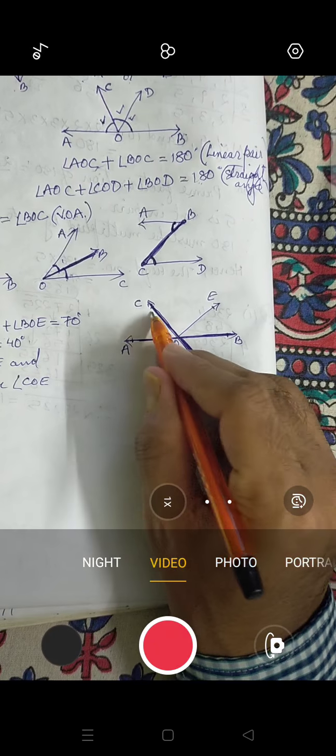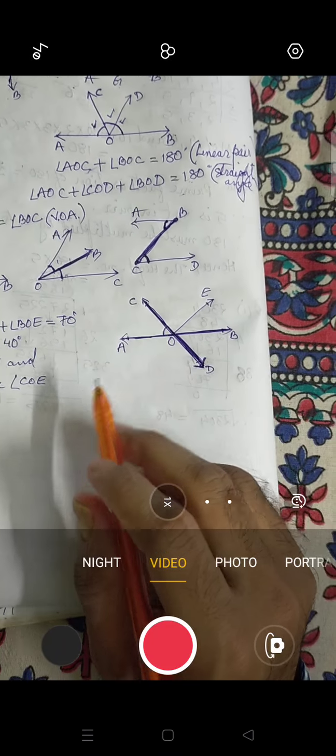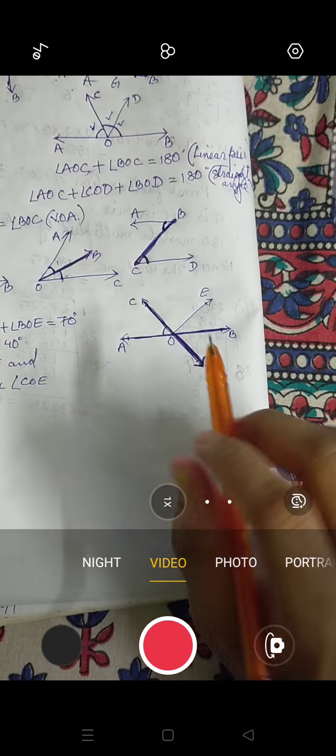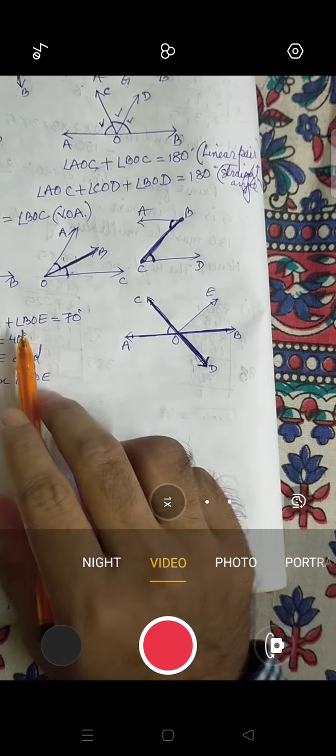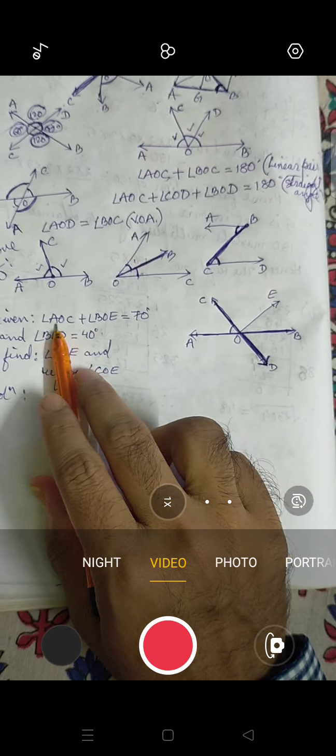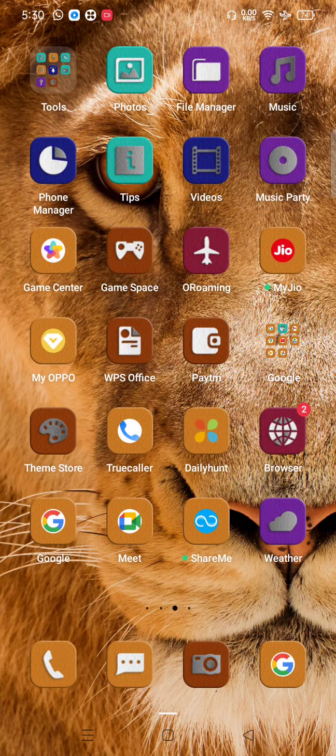Angle AOC, you have to mark it in your diagram using pencil. Angle AOC and angle BOE, that means this angle and this angle, if you add, you will get 70 degrees.